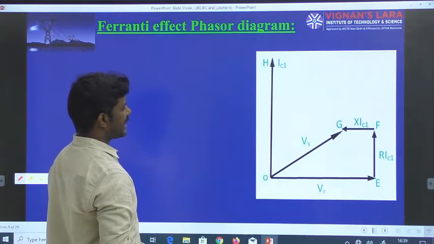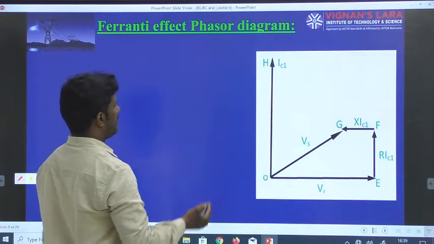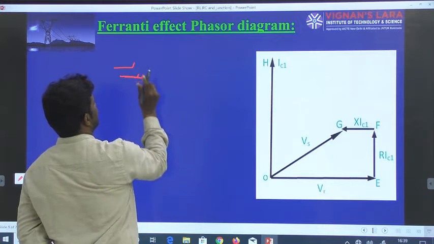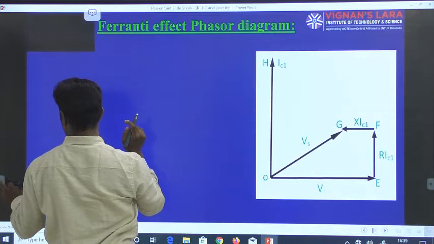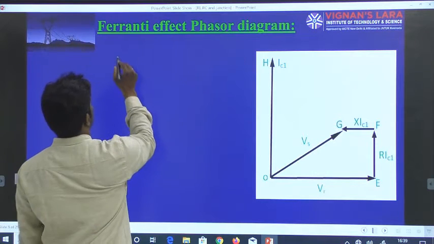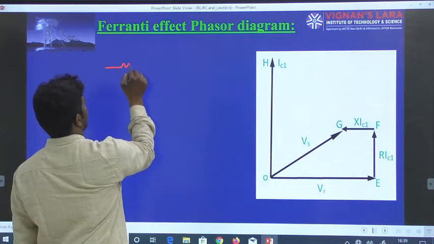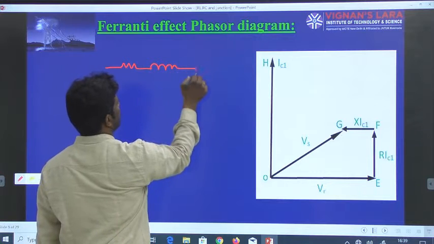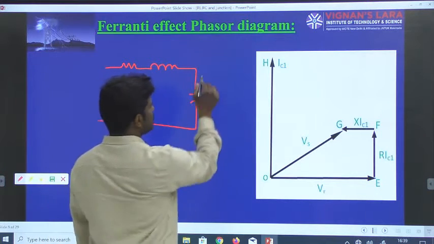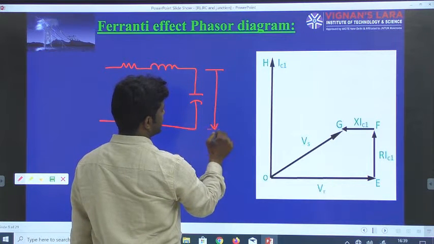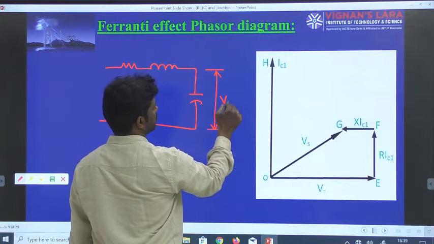Coming to the phasor diagram, as we said, this was the resistor, inductor followed by a capacitor, and we call this voltage VR at no load.